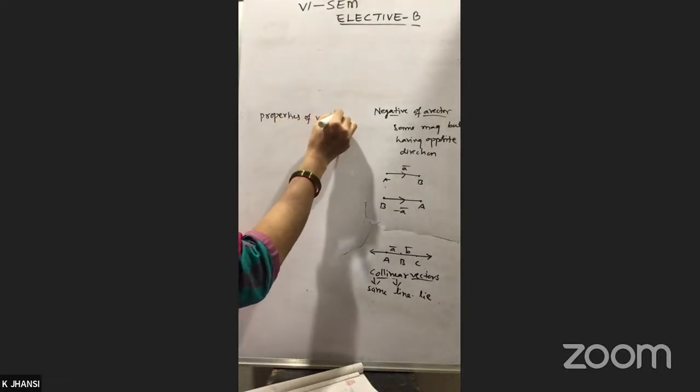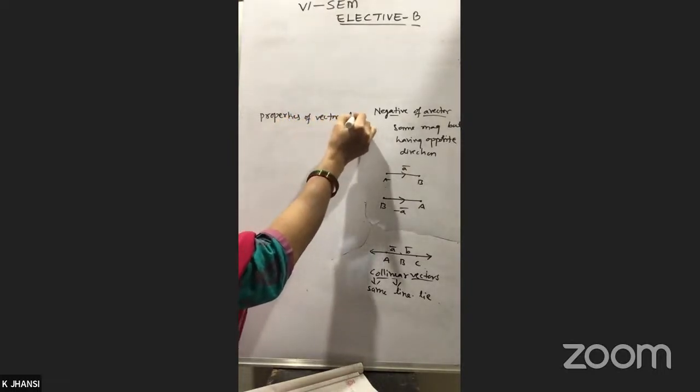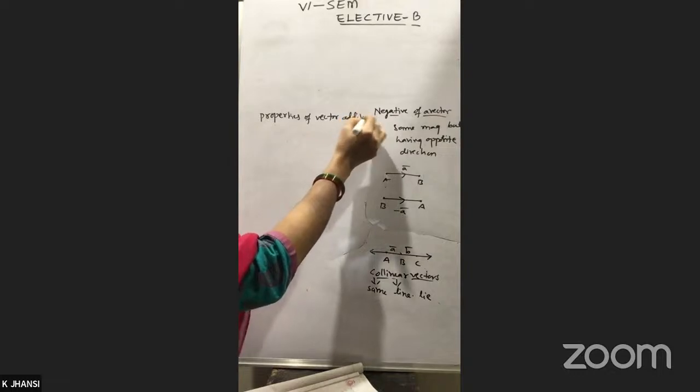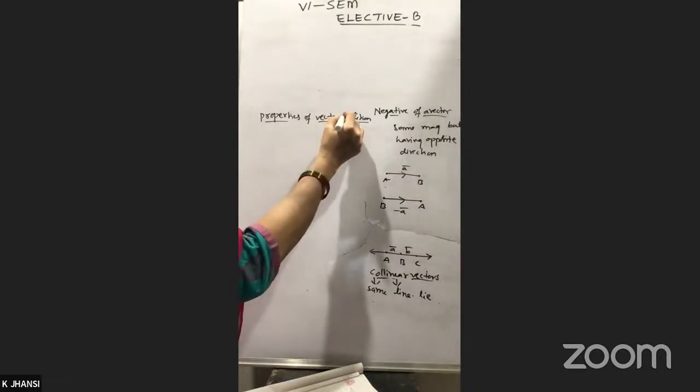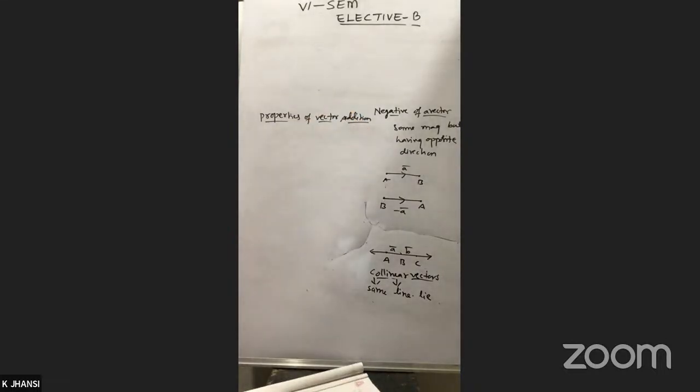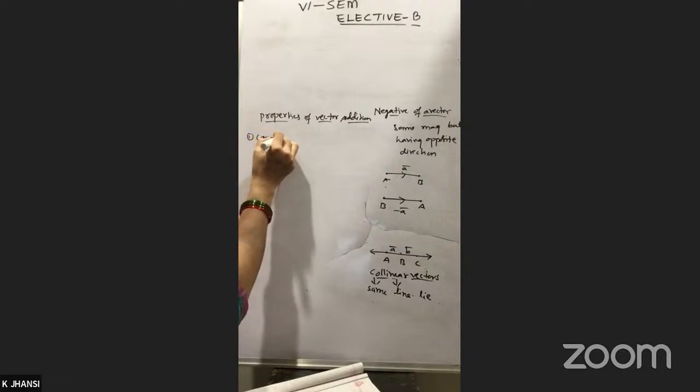Properties of vector addition. So the first property it is satisfying is the commutative law.